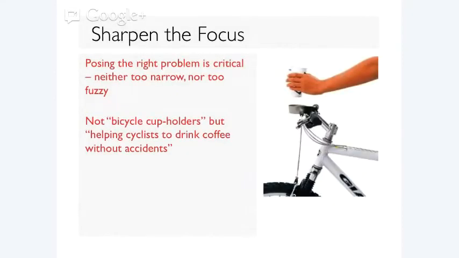Okay, first step is sharpen the focus. So back to our bicycle cup holder, you have to set bounds, what's within bounds and what's out of bounds for your particular brainstorm. So you have to be loose, but also disciplined in that if it's bicycle cup holders, you're not going to talk shopping carts.